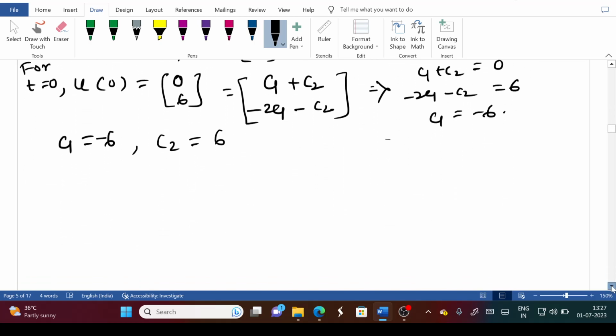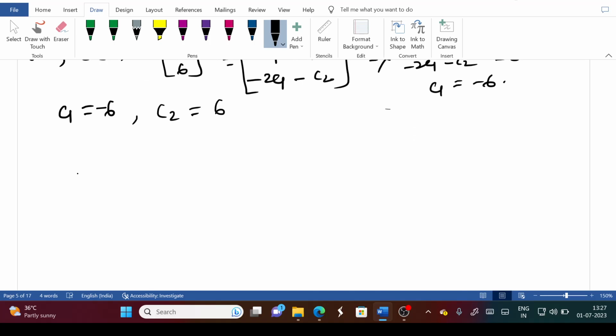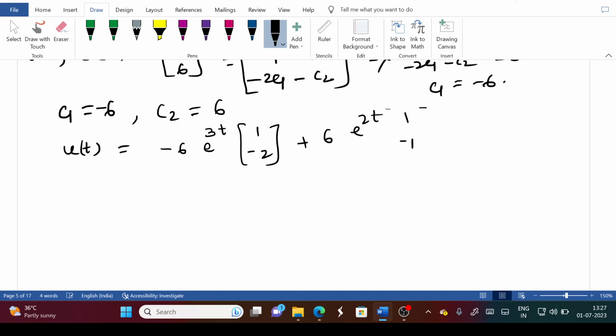So what about the solution? The solution to the IVP is u(t) = -6 e^(3t) (1, -2) + 6 e^(2t) (1, -1). There is no confusion at all. So from here, this is nothing but v(t), w(t).